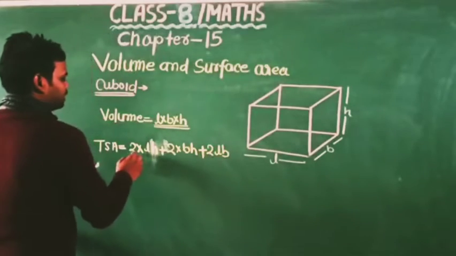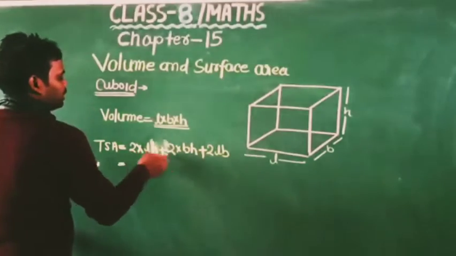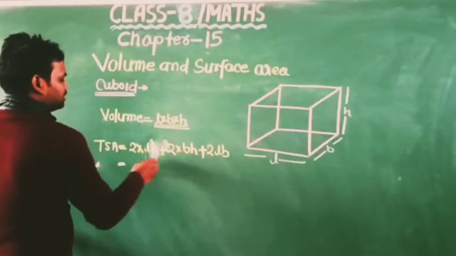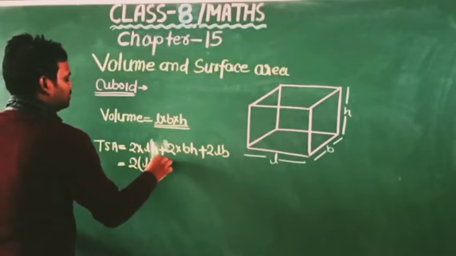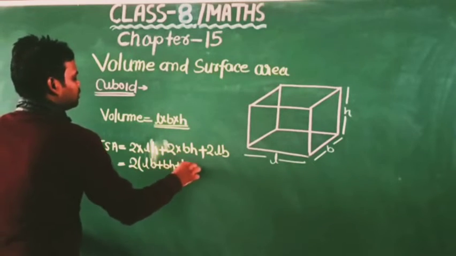Now combining, taking 2 as a common after rearranging. So the formula for total surface area is LB plus BH plus HL.